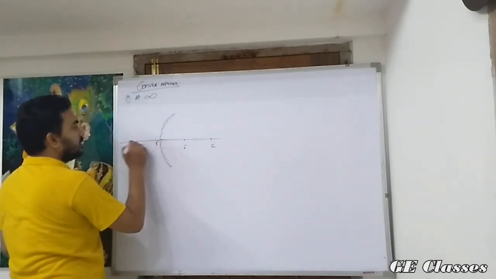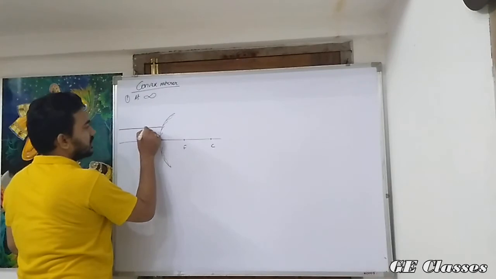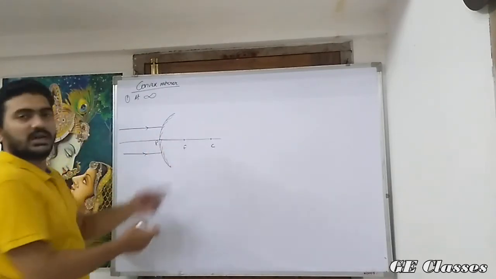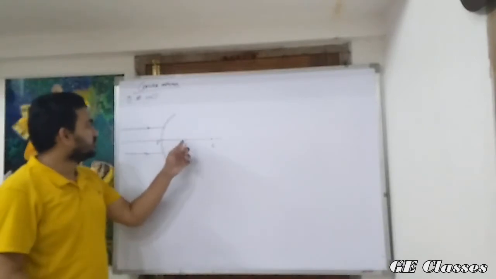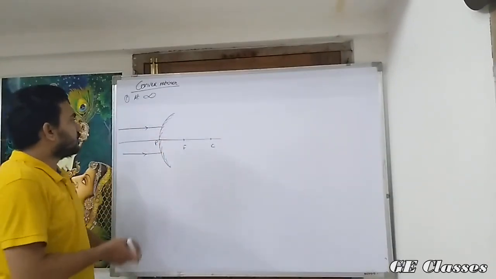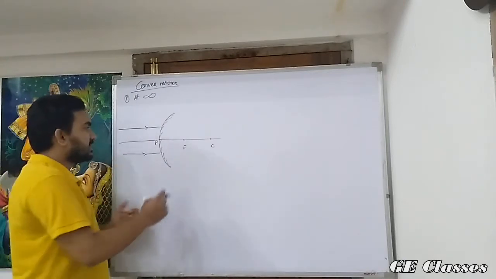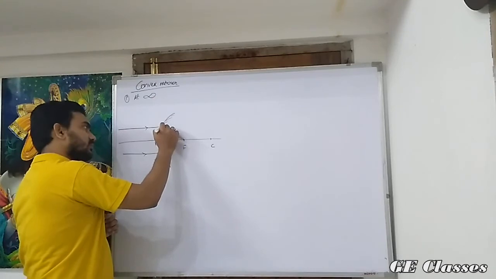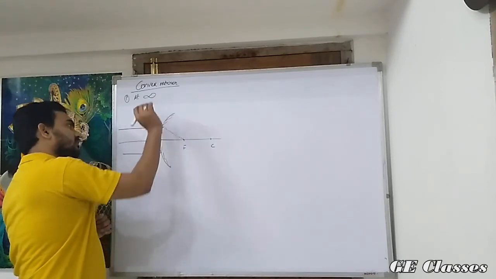This is my pole. Suppose two rays are coming from infinity. This time they cannot go through the focus because it's a reflecting surface, they cannot get in. So after striking, the rays are going to align themselves with the focus and then reflect out.